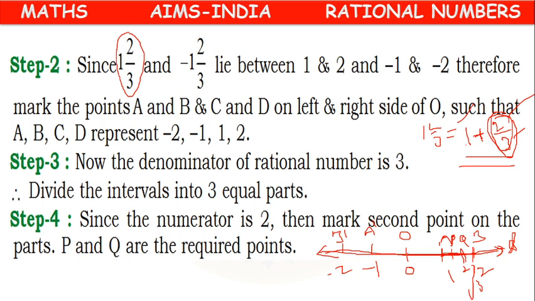So here the answer is OQ. Q is the representation of 1 2/3 because we are counting the 2/3 part after one complete part. So Q is 1 2/3, meaning O to A plus A to Q. In this way we can represent 1 2/3, or 5/3, because 1 2/3 is equal to 5/3.